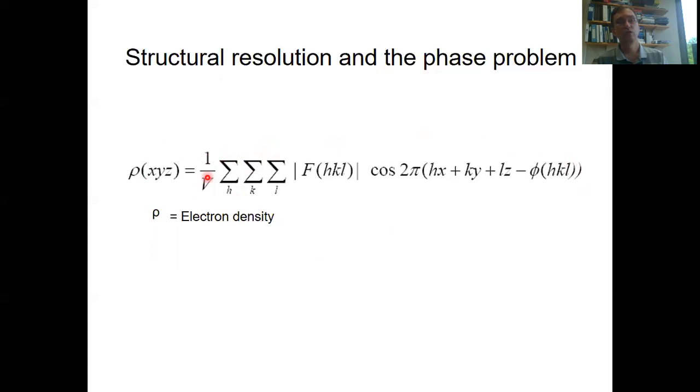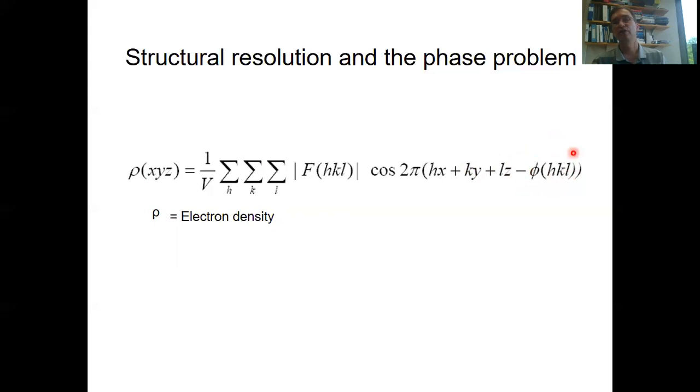So it's 1 over the volume of the unit cell times the sum over the HKL values of the absolute values of the structure factor, times the cosine of 2 pi times hx plus ky plus lz minus the phase.